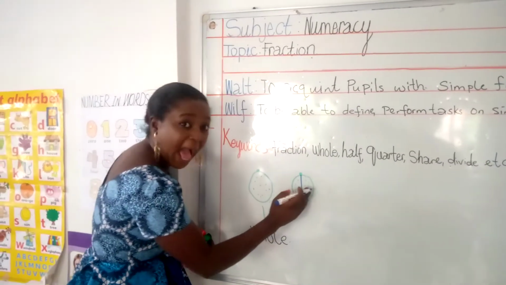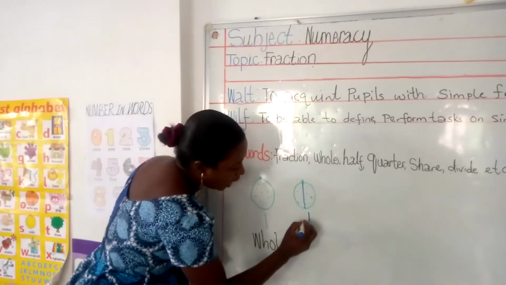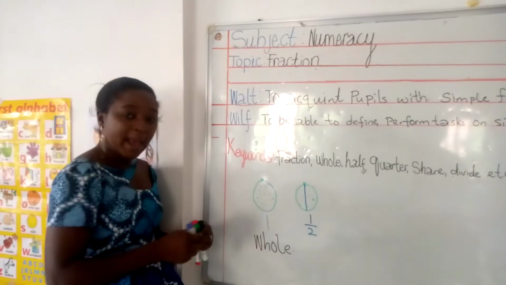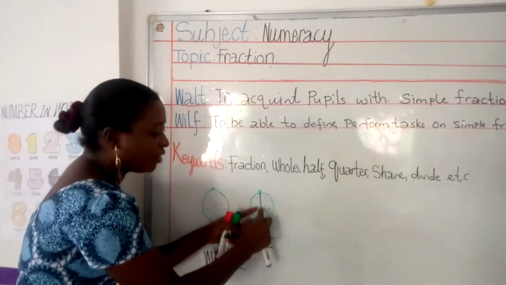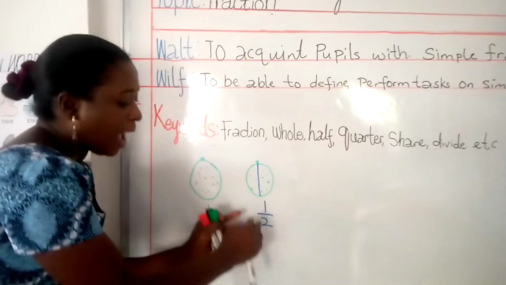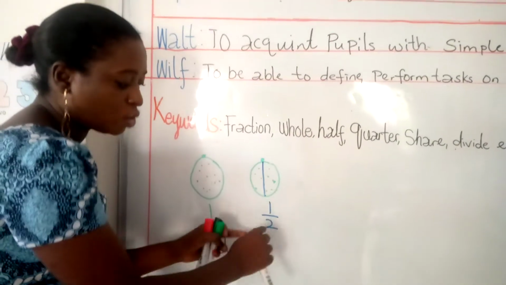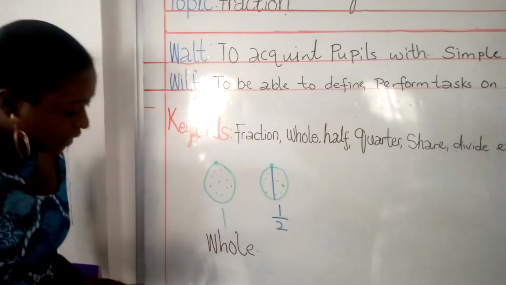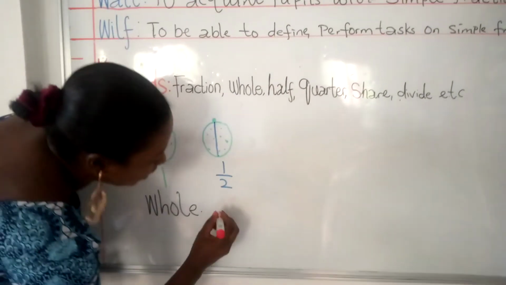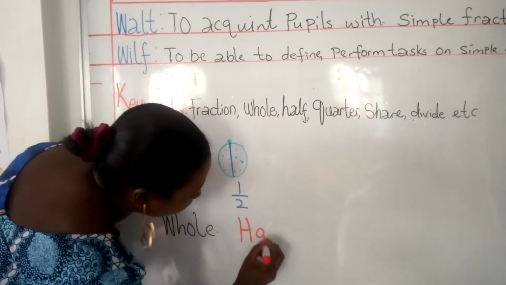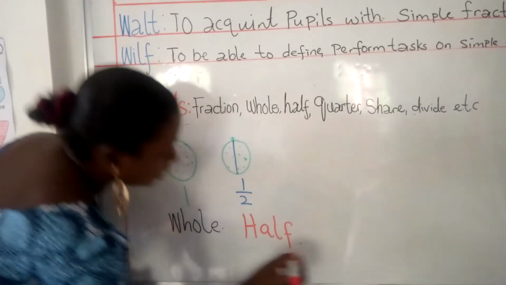So I'm giving her half of the orange. That means 1 over 2. You know why it's 1 over 2? Because I divided the orange into 2. So I gave her 1 out of the 2 parts. I didn't give her the whole 2, just part. So it's 1 over 2. That means this one now has become half. Everybody say half. Half. Half of my orange.